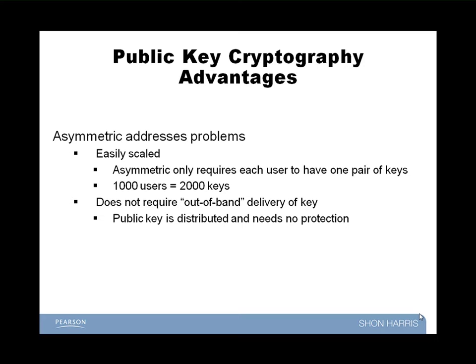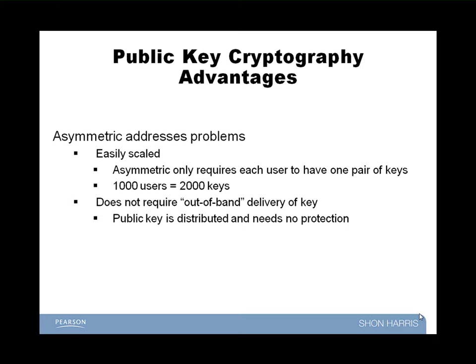Now it's easily scaled. Now what do we mean by that? It's scalable. Well, with symmetric keys, we needed to have 2 instances of every key. So if I had 100 people to talk to, those are a lot of keys I need to keep track of. In asymmetric key, I only need to have my pair, which is my private and public key, and you need to have my public key.